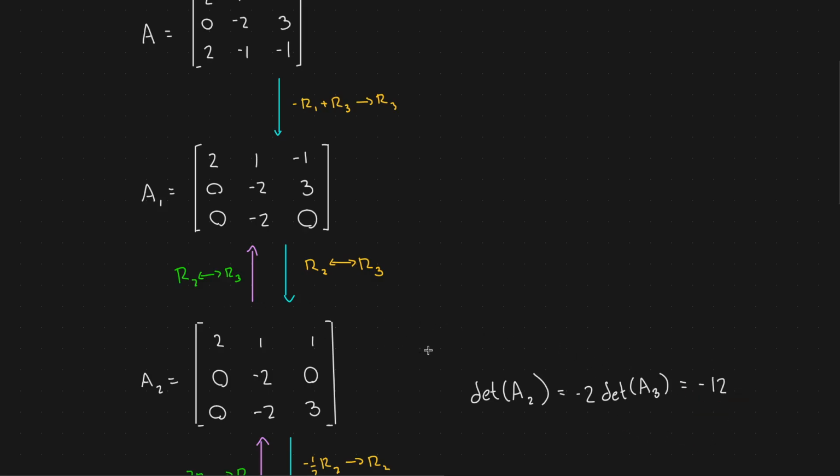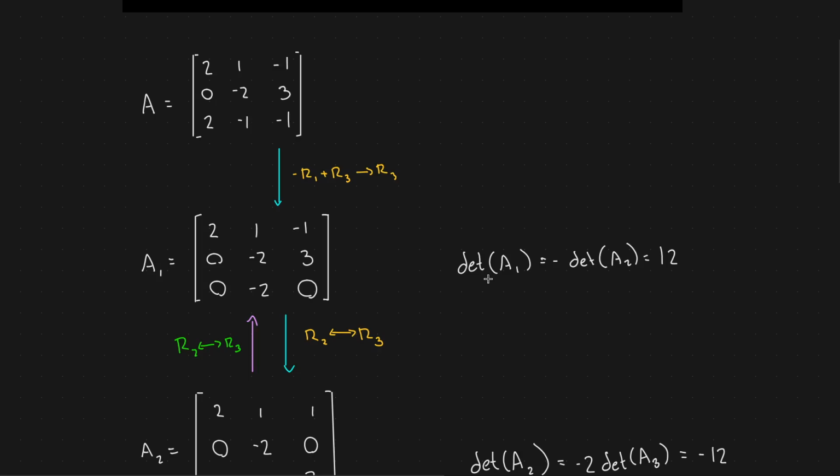Well, if you swap two rows, that elementary row operation just changes the sign of the determinant. So the determinant of A1 is going to just be the negative of the determinant of A2. And the determinant of A2 was negative 12, so negative negative 12 is going to be positive 12. Okay? All right, we're almost there.